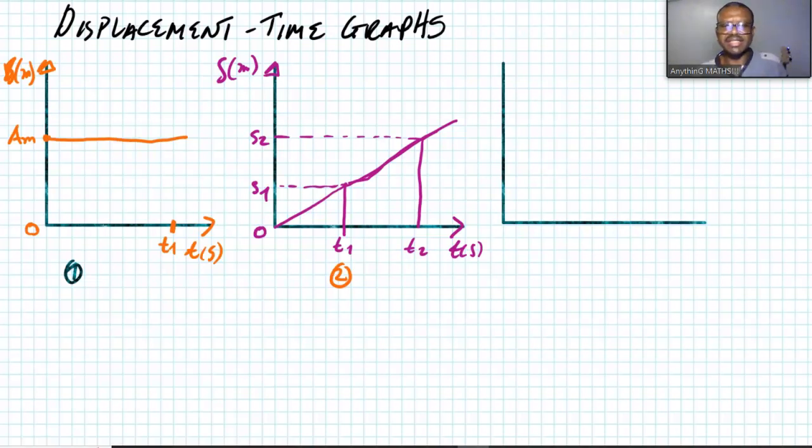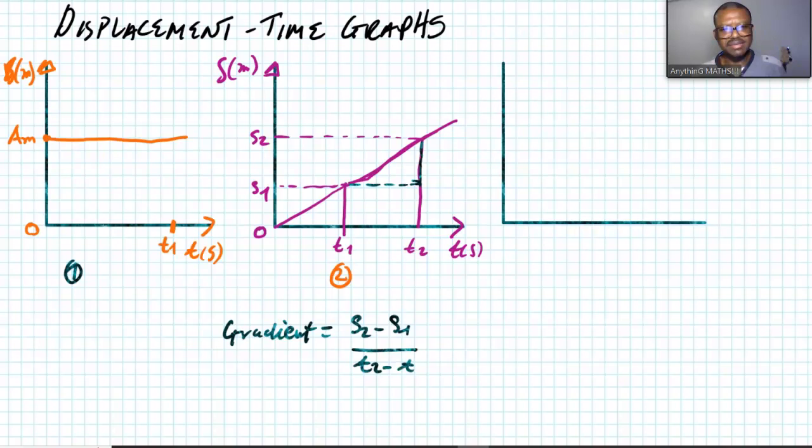The gradient is defined as, from your previous knowledge, change in the vertical over change in the horizontal. In this case, it's going to be x2 minus x1 divided by t2 minus t1.